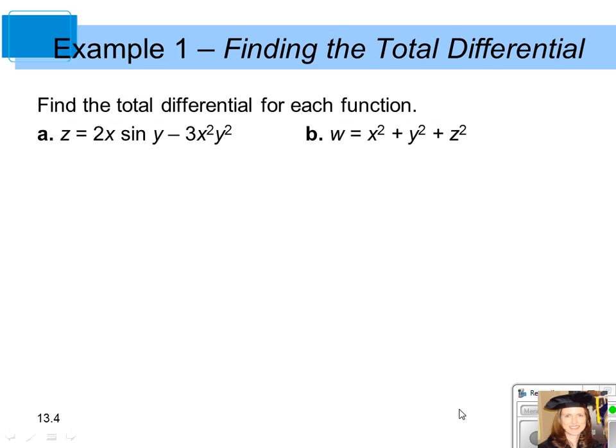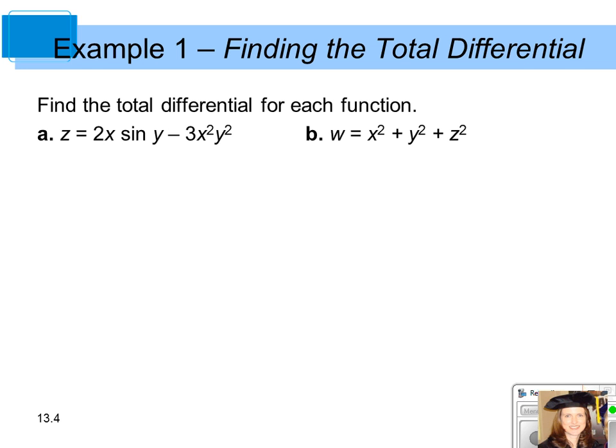Now that's a mouthful. So here are some examples. Find the total differential for each function. In part A, z equals 2x sine y minus 3x squared y squared. z is a function of two variables, so you're going to take the partial derivative with respect to x and multiply that result by dx.